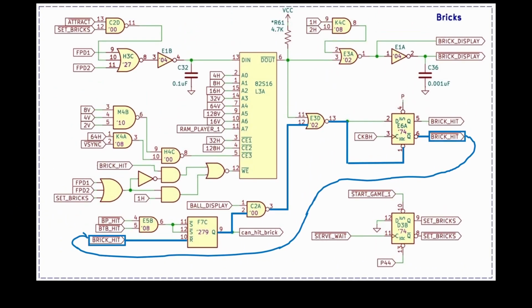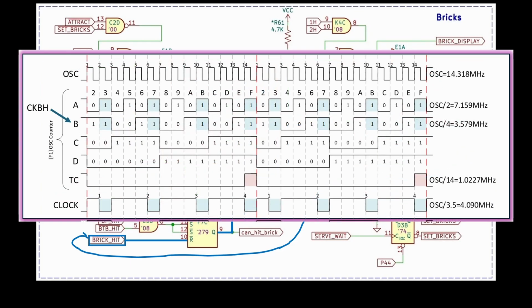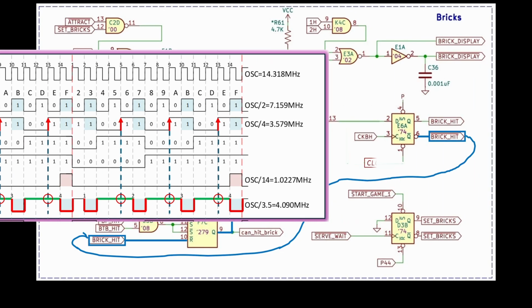To remove this loop, we can remove the loop, but we still need some signal to reset the brick hit latch to create a short brick hit pulse. Since CKBH always rises when the clock is high, and clock drops one oscillator cycle later, we can use a clock line to nicely reset this latch.